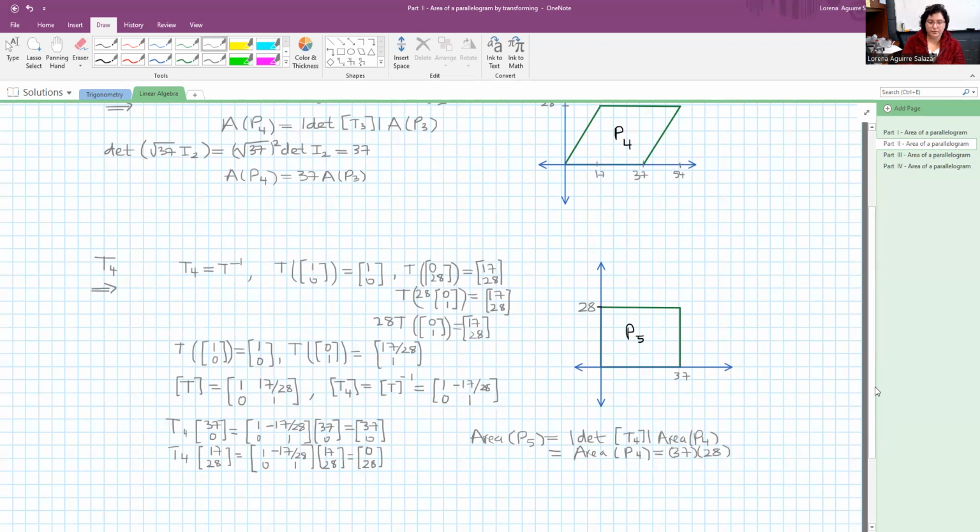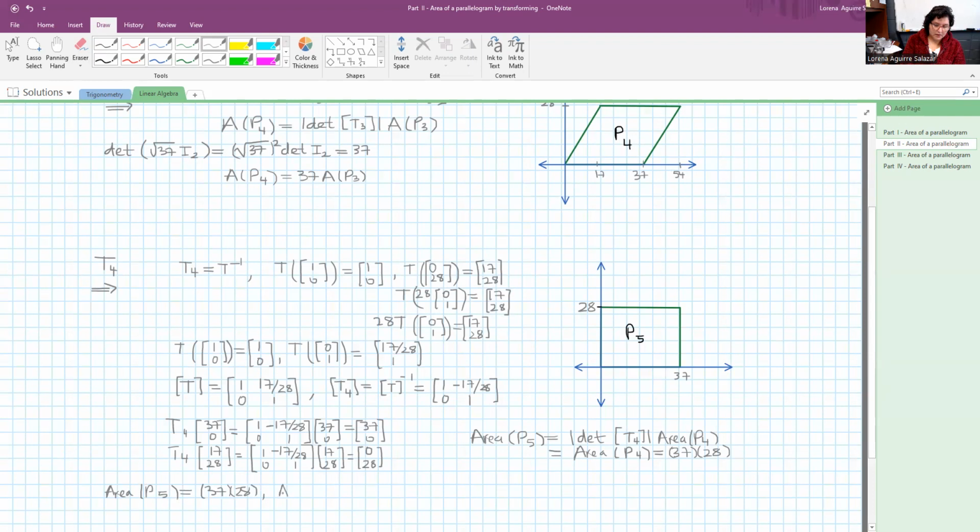So after all this, we found that the area of P5 is 37 times 28.